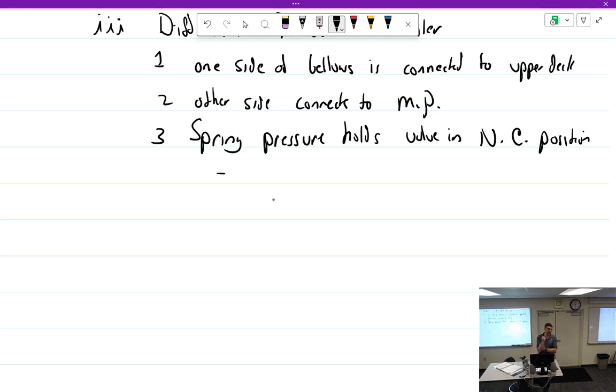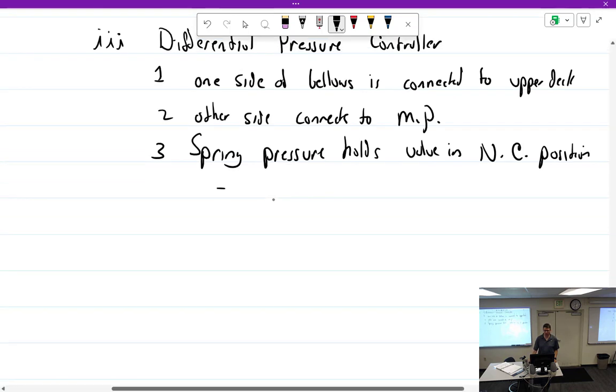So if it's closed, is that oil flowing or blocking? It's a spring. You got to keep it straight. So normally closed in the differential controller. The spring pressure holds the valve in normally closed. Closed means oil flowing or no oil? No oil. Okay. No oil flows.